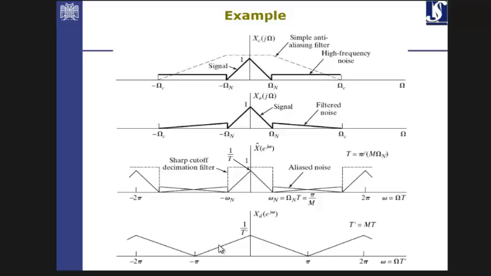The point is that you can take the anti-aliasing filter here not to be so sharp. The sharper this anti-aliasing filter, the larger the number of elements you have to use in analog form. The more elements, the capacitors and inductors, that you use, the more instability is introduced, adding zeros and poles, and then the system becomes more unstable.